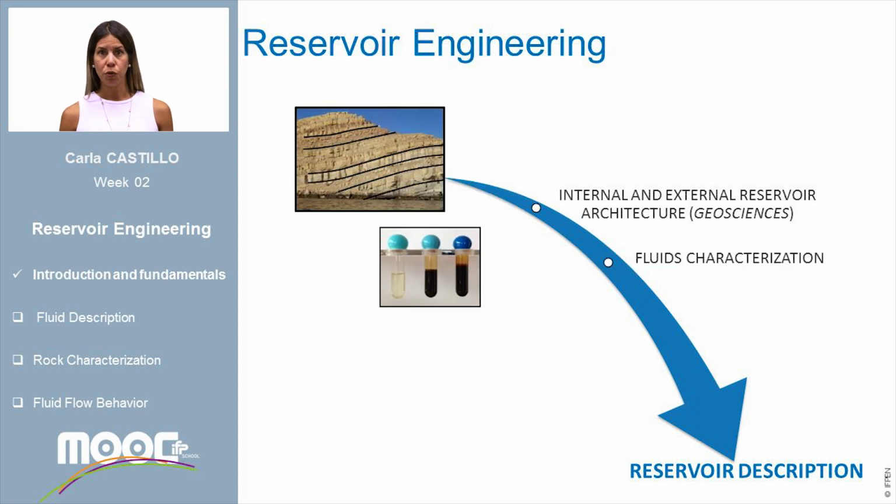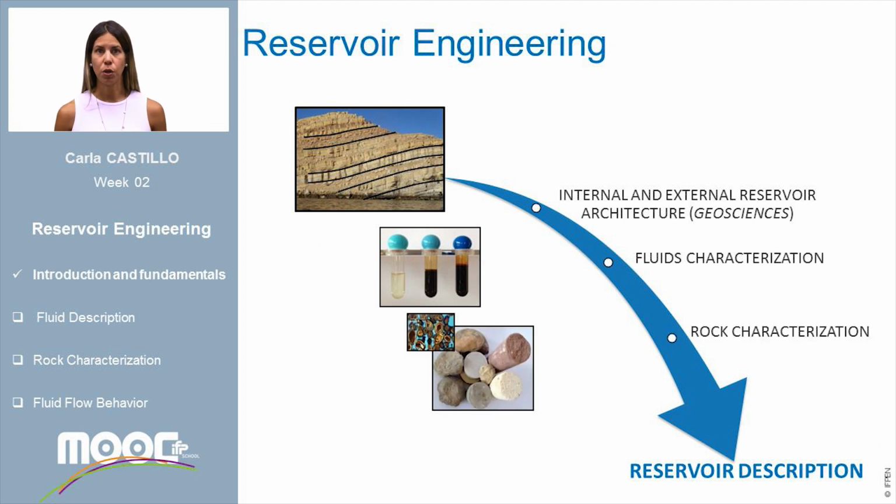Afterwards, the fluid must be characterized, defining its composition and type of fluid in reservoir conditions, answering questions such as, is it an oil? Is it a gas? A proper characterization of the behavior of the fluid will be obtained as a function of pressure and temperature.